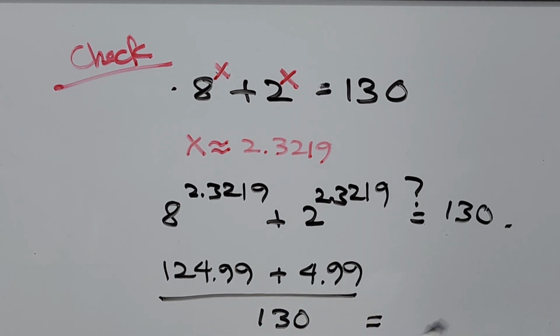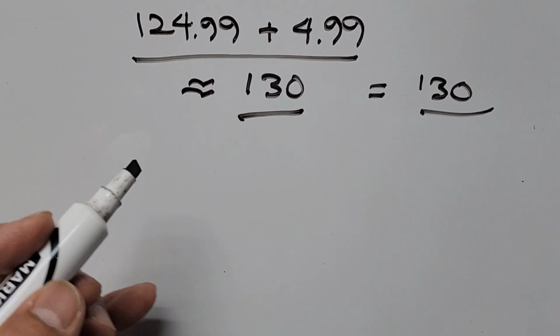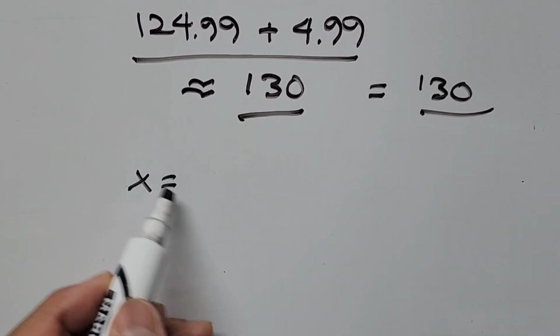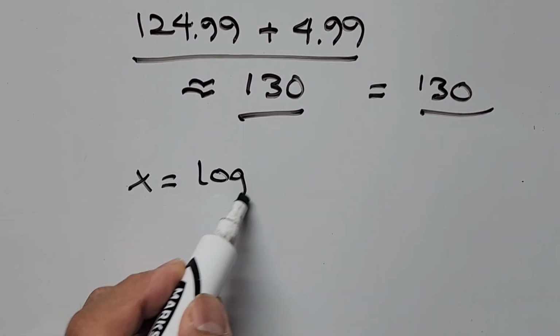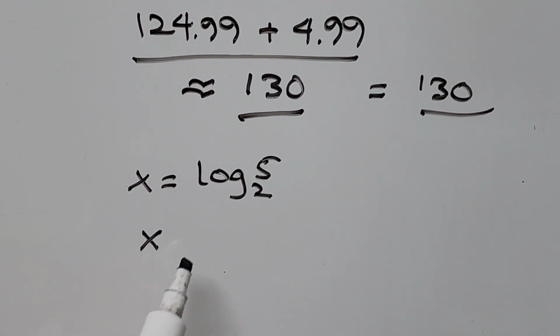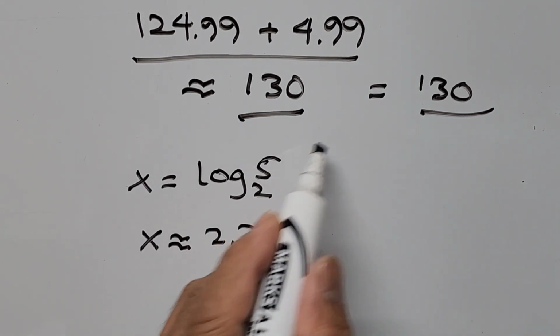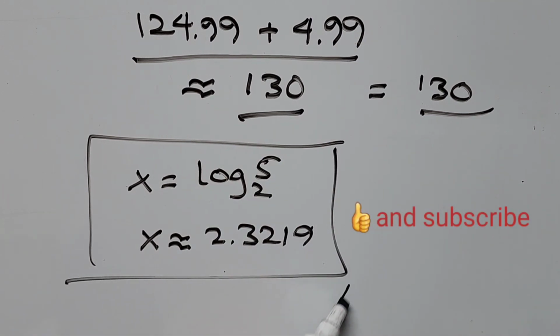And this is equal to 130. So this confirms that the value of x that we found is correct. So we have here the exact value of x, log of 5 base 2, x in numerical value is approximately equal to 2.3219. That's our final answer.